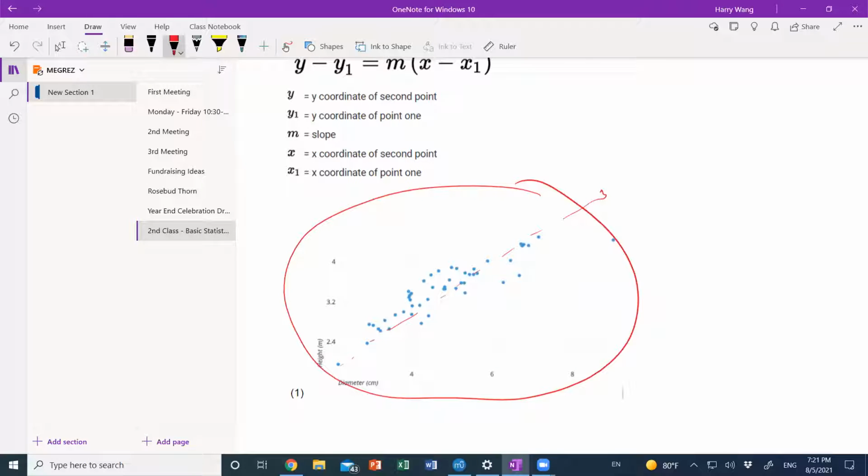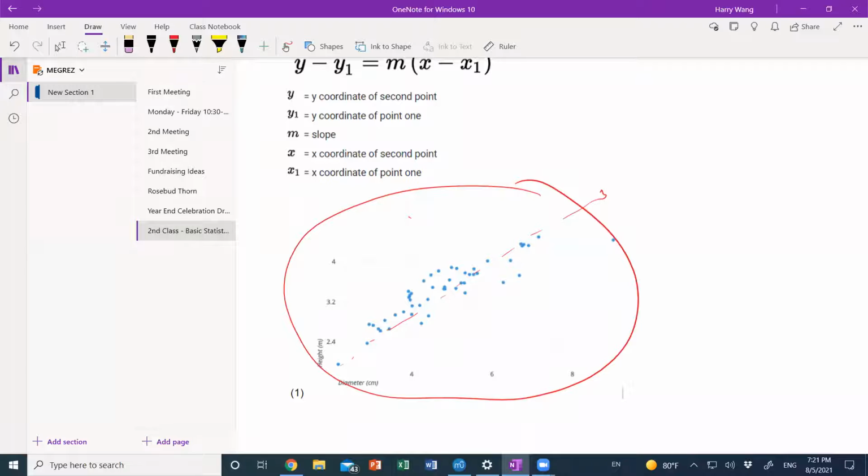Like the points are kind of in a line. If they're in a curve or they're random all over the place, you can't use a line of best fit anymore. If it's a curve, it's normally exponential, and if it's random all over the place, like you can't draw anything through it, you can normally say there's no correlation.